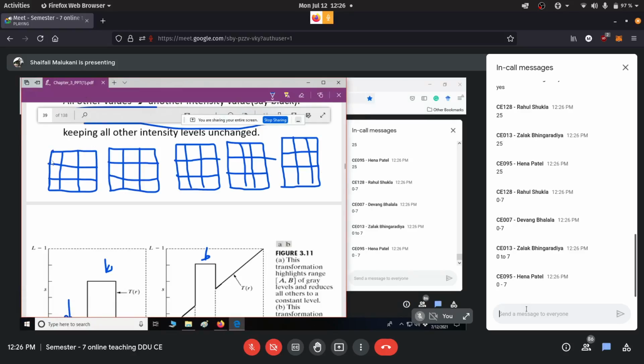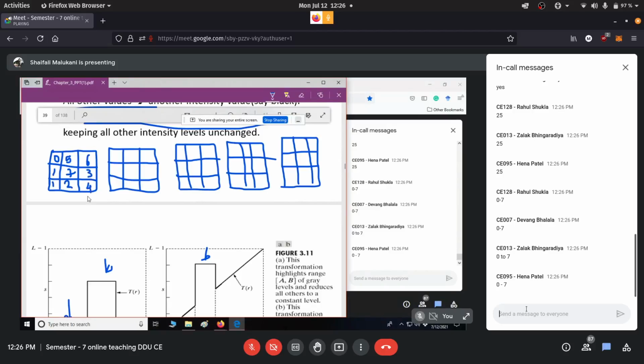Now this is a 3 cross 3, 3-bit image. So the possible intensity values are 0 to 7. So somewhere 7, somewhere 6, somewhere 5, somewhere 1, 1, 2, 3, 4.